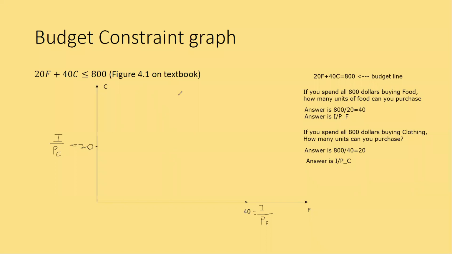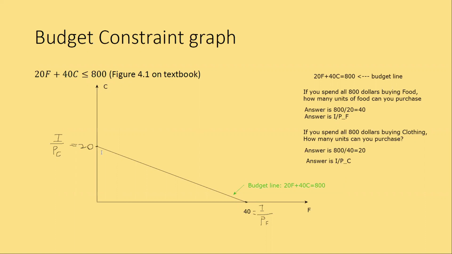And since the budget line is a straight line, what we need to do is connect those 2 points, and we know that this is our budget line. And its equation is 20F plus 40C equals 800.